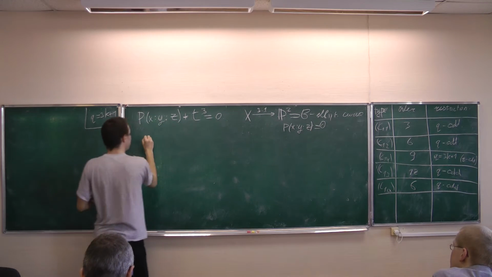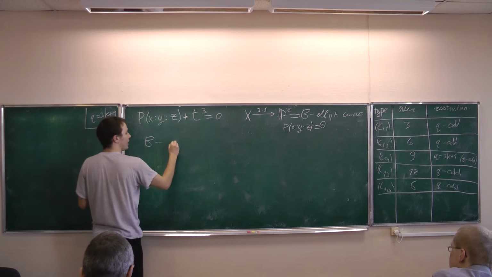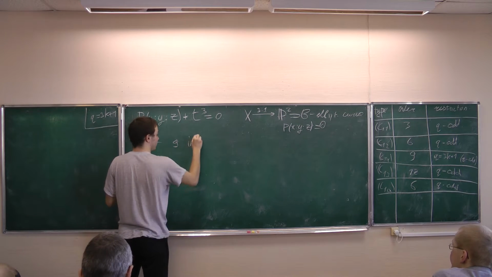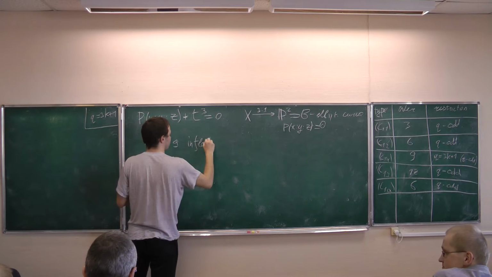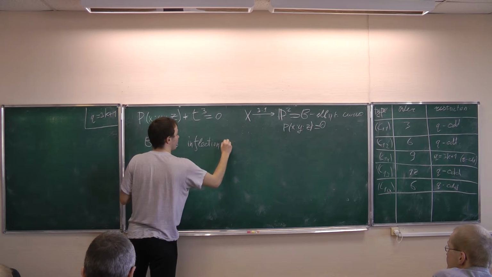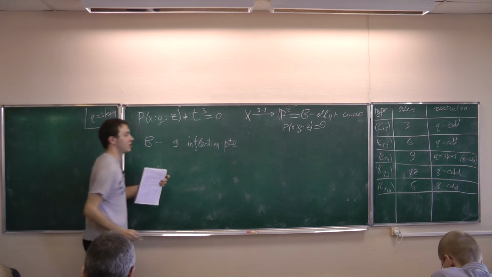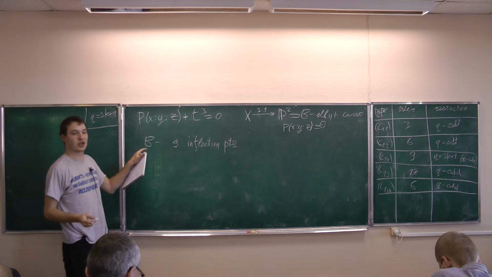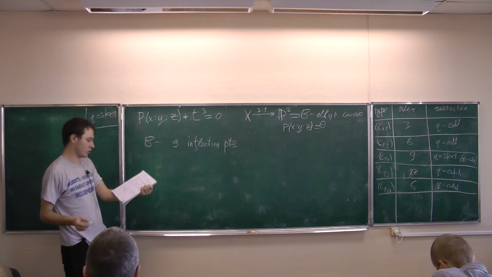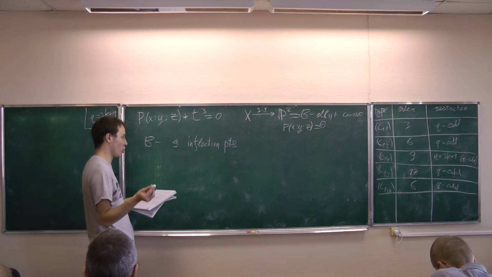And so B has 9 inflection points. That means that the preimages of these points on our cyclic cubic surface will be Eckert points.